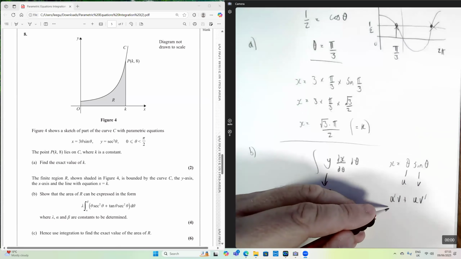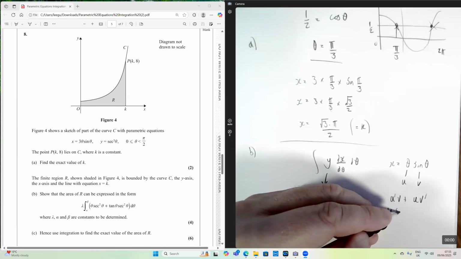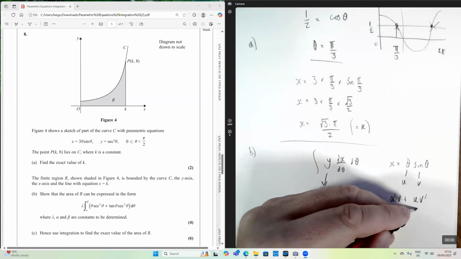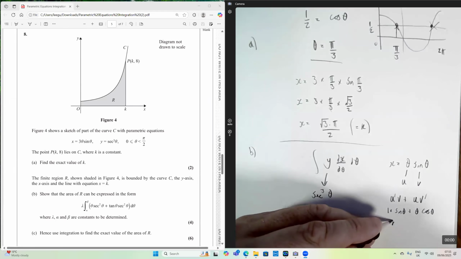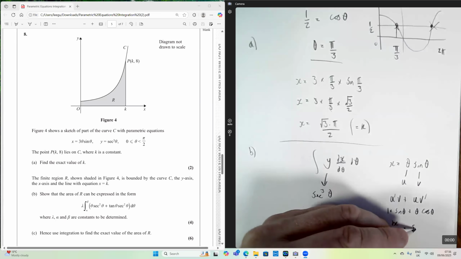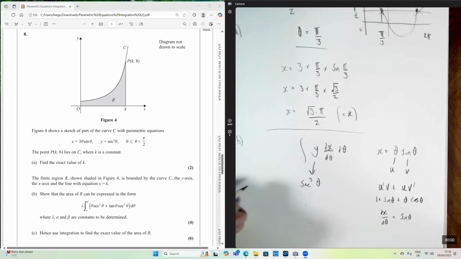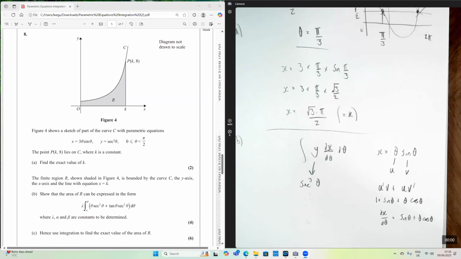So my u dashed is 1, my v is sine theta, my u is theta, and my v dashed is cos theta. So my dx by d theta, when I differentiate it, is going to be sine theta plus theta cos theta.